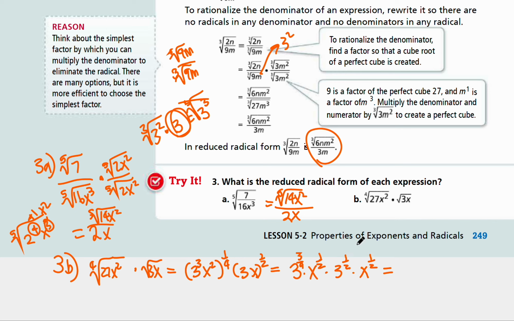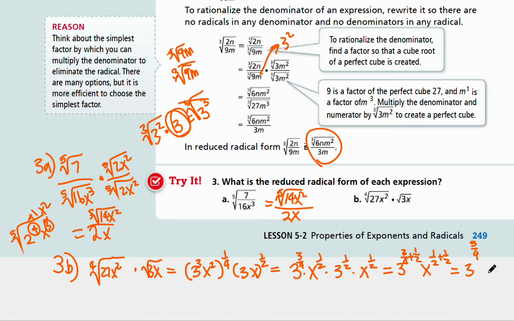And then let's simplify. We have the same bases, right? So we're going to add the exponents using the property of exponents. 1/2, and then x to the power of 1/2 plus 1/2, that's 1. And so you have, this is 2/4, right? So 2/4 plus 3/4 would be 5/4.